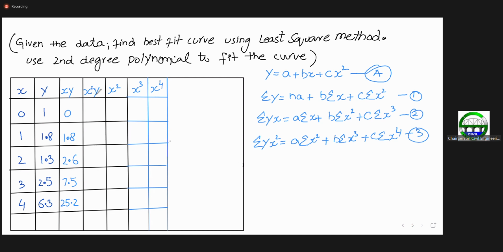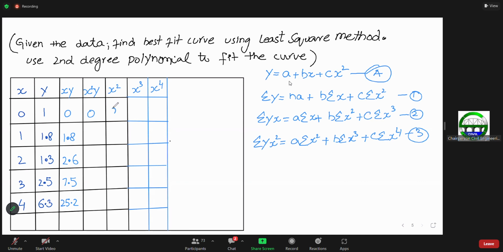And then x squared y, x squared and y, it will be 0 again, right? And then x squared and y. Okay, so let's try to find this one first.